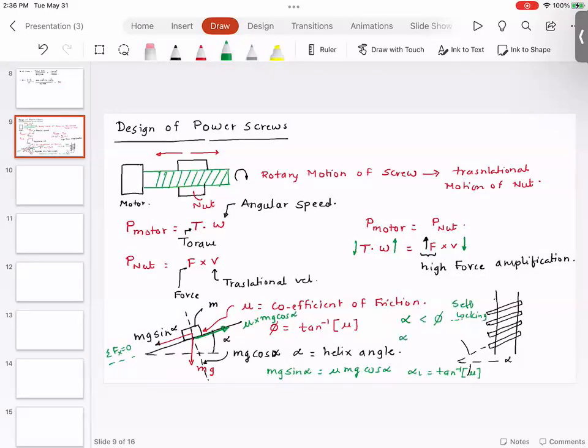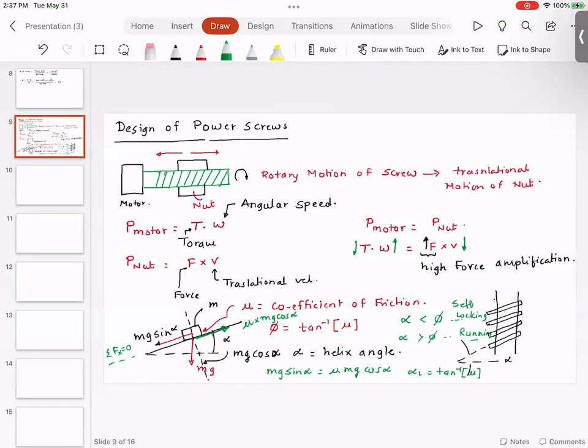And if the helix angle is greater than the friction angle, then it's called a running screw. And I will explain what it means in just a minute. Have you seen some screws and nuts where, in order to hold the assembly in place, you have to apply force?